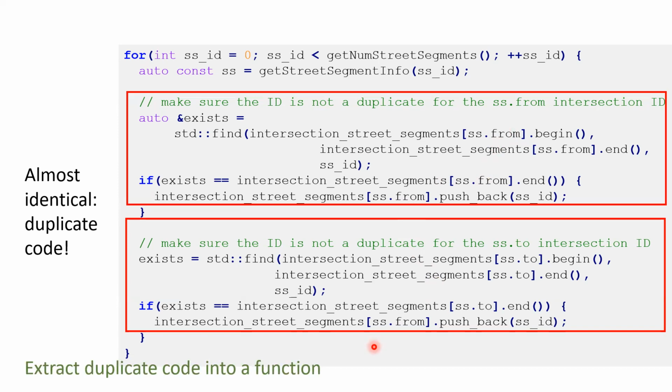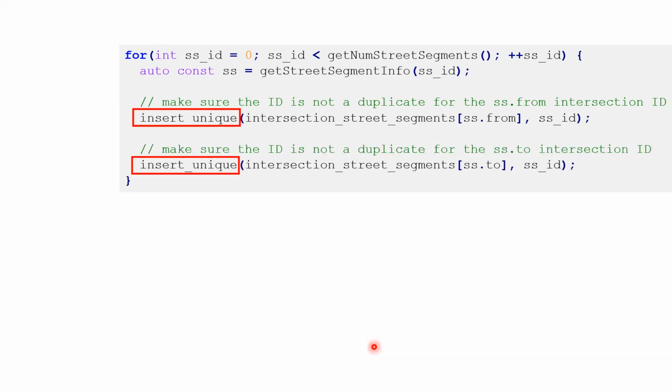So we would like to extract them into a function so that we don't repeat the code. So we extract them into functions and just call them with from and to and the SSID.